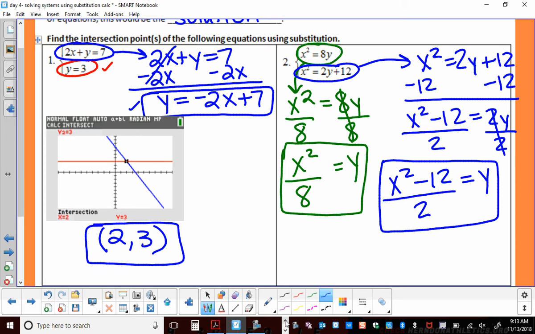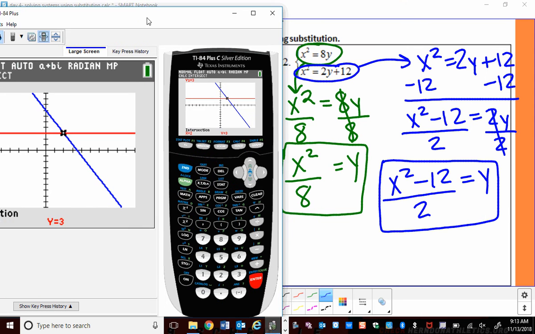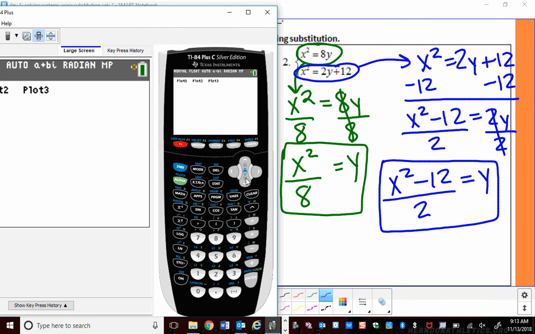So let's go ahead and grab our calculators. Alright, so go to my y equals. I'm typing in parentheses x squared divided by 8.